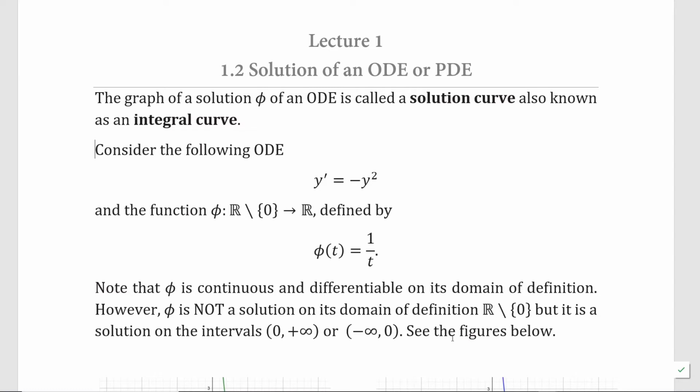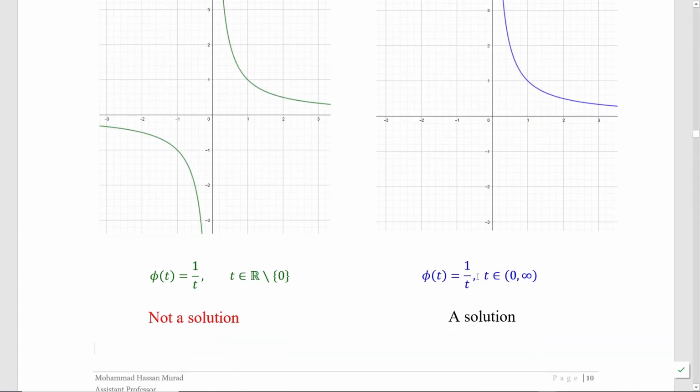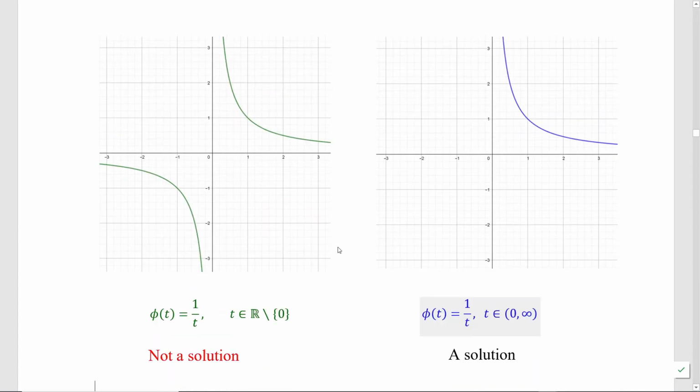Note that a solution must be defined on an interval. So the domain of definition of a function may not be an interval. For that reason, a function may not be a solution of an ODE. Let's see the figure below. Here you see phi of t defined for all values of t except possibly at 0.